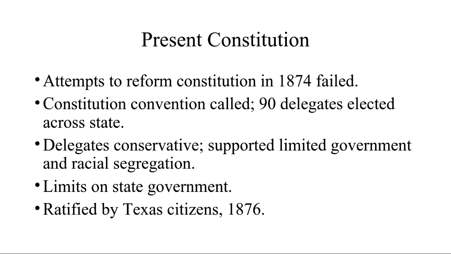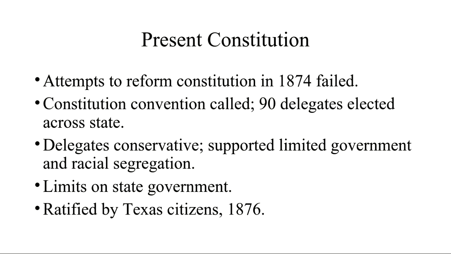So in 1876, they decided to hold a state constitutional convention. And they elected 90 delegates across the state, many of whom were associated with the Grange, which is a farmers' organization.